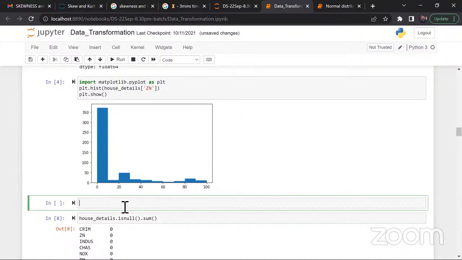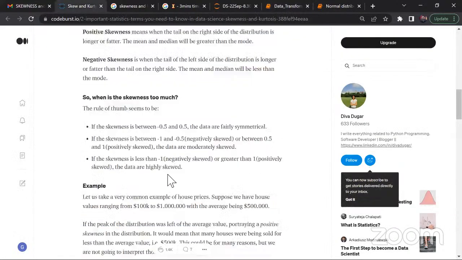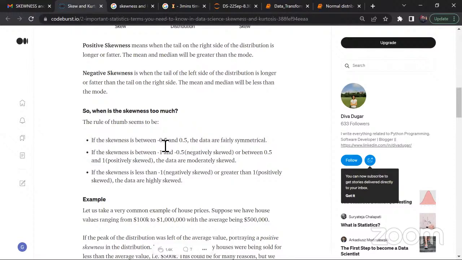So if I'm calculating skewness for this, again look at this material. Anyway, it is positive, right? Will it be less than 0.5, or less than 1, or greater than 1? What do you say?